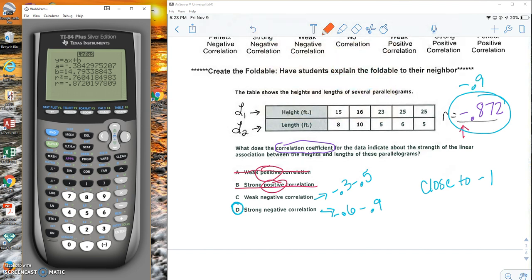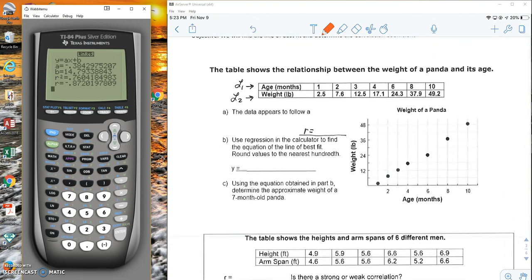So very close there. So we're going to look at 3 more examples. So we have a table showing the relationship between the weight of a panda and its age. So I'm going to come back to StatEdit and I'm going to type in my table. Pause if you need extra time to type before we move on so you're not left behind. So I'm going to go Stat Calc 4.